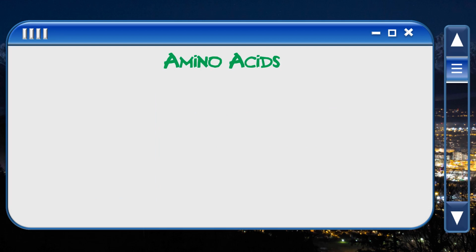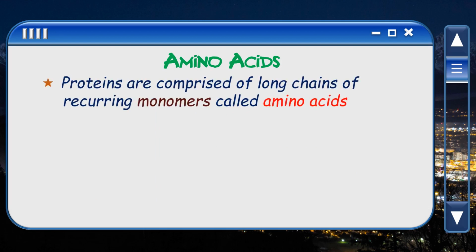Amino acids. Proteins are comprised of long chains of recurring monomers called amino acids. So the amino acids are the monomers that build up a polymer, which is a protein.